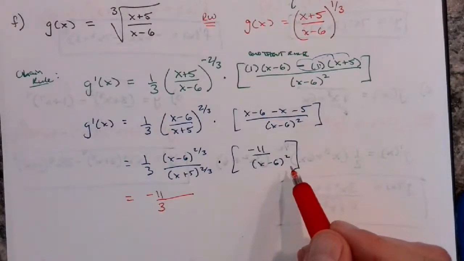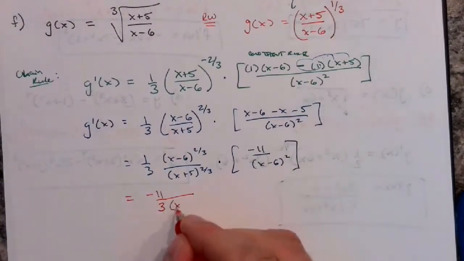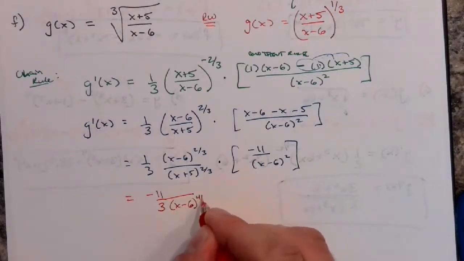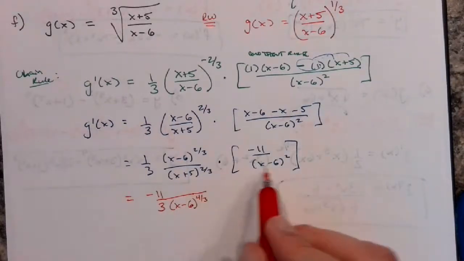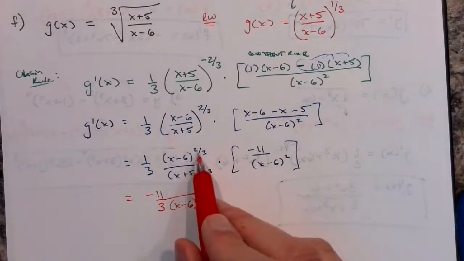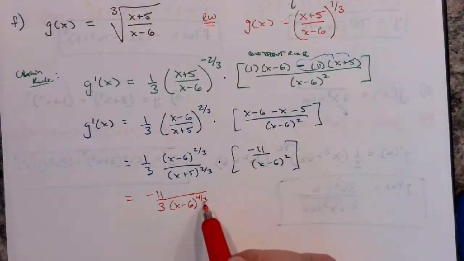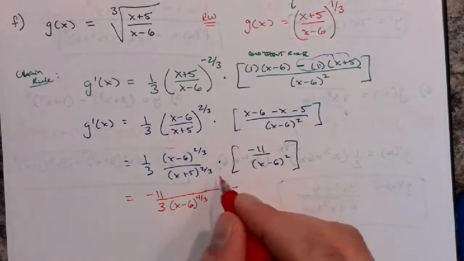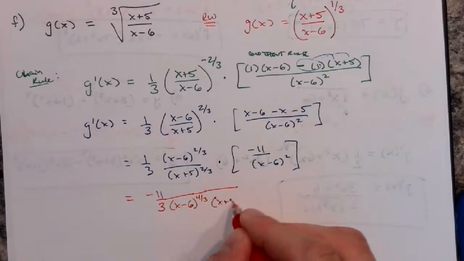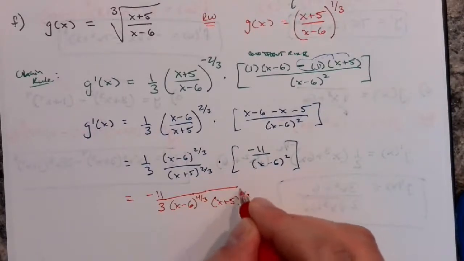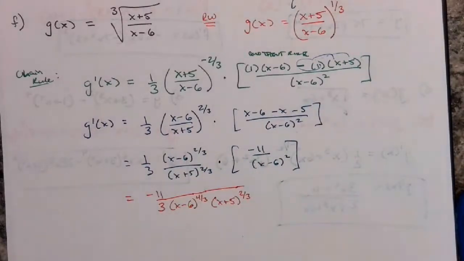Since that's a negative 4/3, the x minus 6 would be to the positive 4/3 in the denominator. Right, 2/3 minus 6/3 gives you negative 4/3. Negative tells you to move it to the bottom. And then you've got x plus 5 to the 2/3. That'll stay in the denominator, remembering that the exponent's positive there.